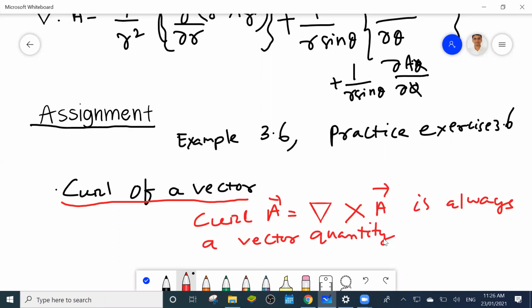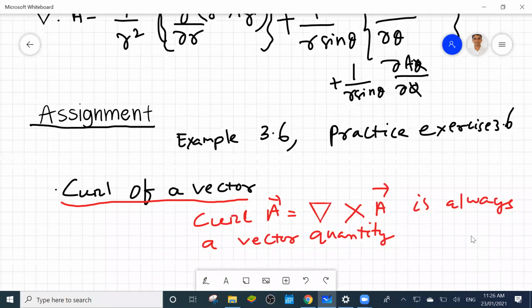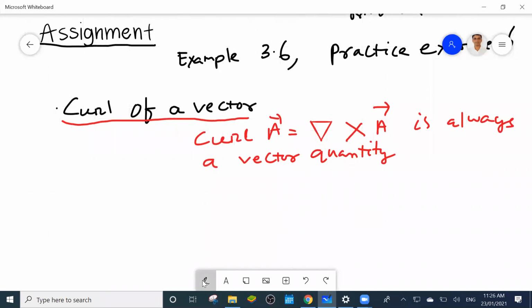Okay, so what is the physical significance of curl? The physical significance is that the magnitude of del cross A represents the circulation of the vector A at any point in the electromagnetic region. And its direction is always perpendicular to the given vector. That means the unit vector of del cross A is always perpendicular to the given vector.